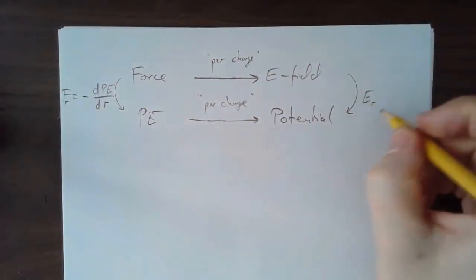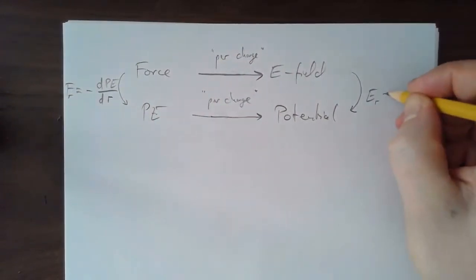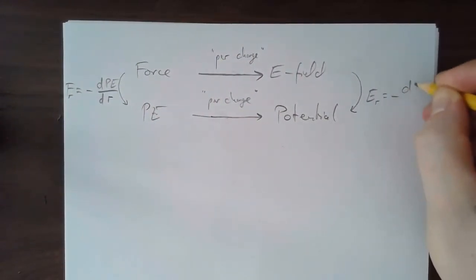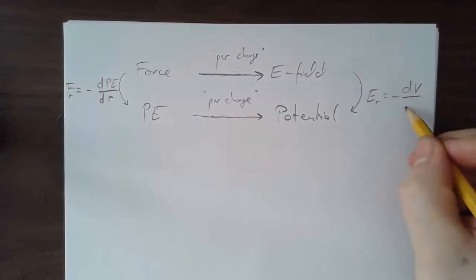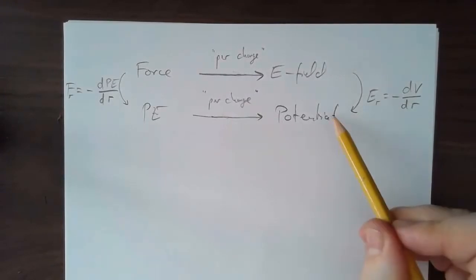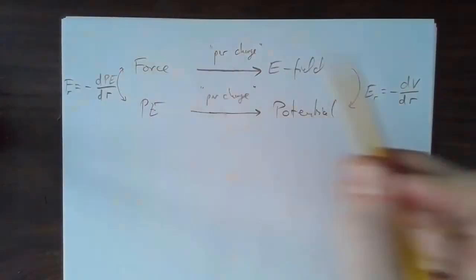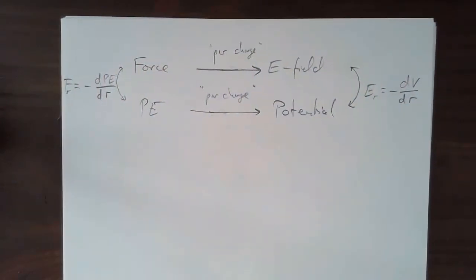The R direction could be X, could be Y, could be Z, could be some other variable that you're using, is minus dV, the R in this case, right? So it's kind of the downhill slope of the potential gives you back the electric field. I guess it's kind of going both ways.